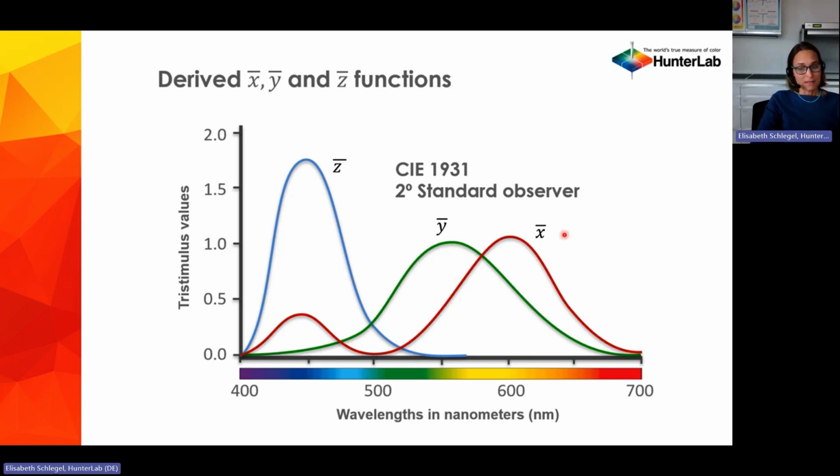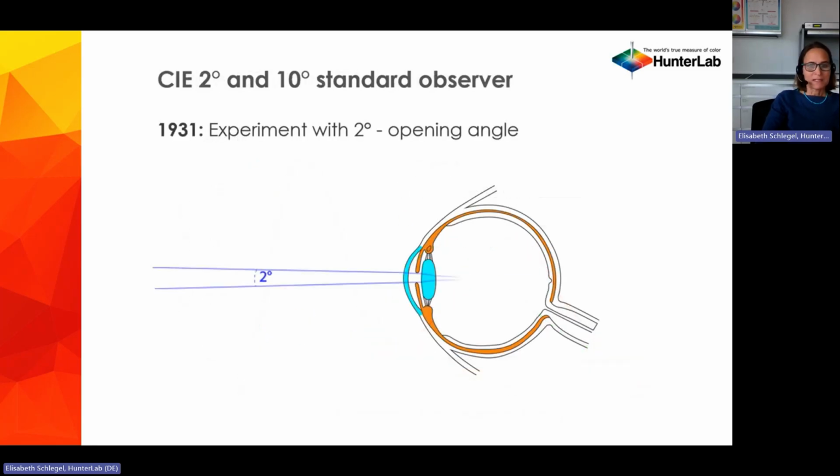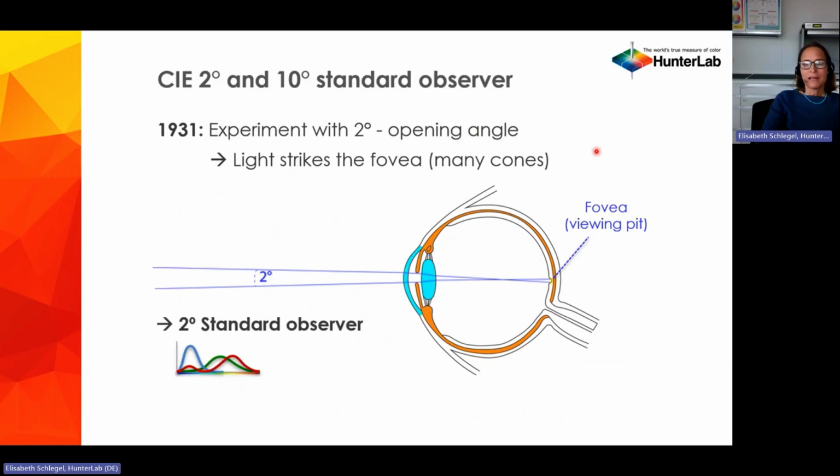Okay, so in this way we had an objectivity for the observer now. And then I said I would tell you about the 2 degrees. One selected the 2-degree opening angle as one thought this fovea, the viewing pit, is the area where the most sensory cells are found. So that was why they selected the 2-degree opening angle.